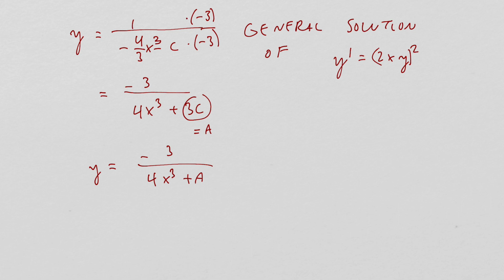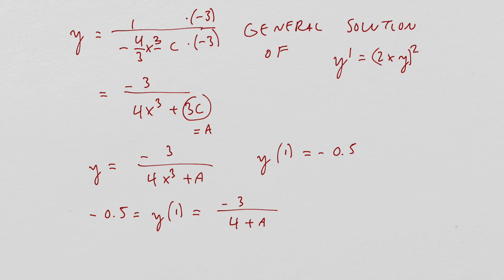Now we were told that y at 1 is -0.5. Let's try what this gives. -0.5 is y at 1. Well, that's the same as -3 divided by 4 plus A. x cubed is 1 when x is 1.